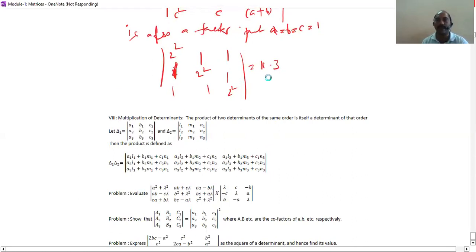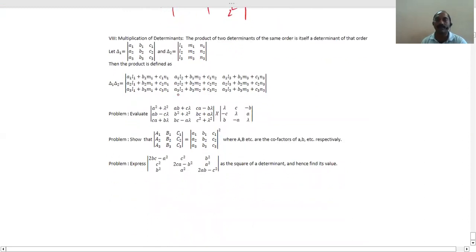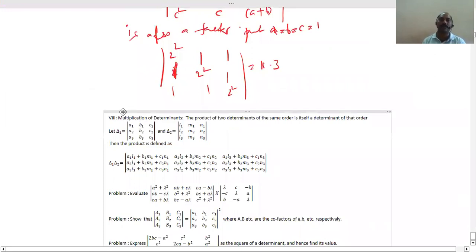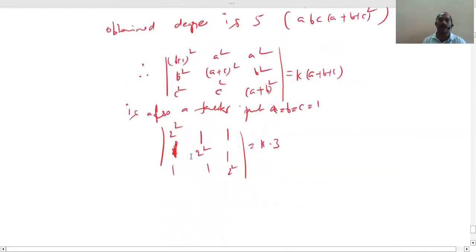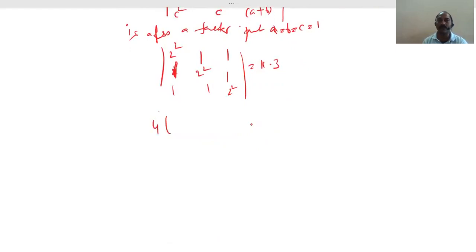Now expand the determinant as you wish. If you have difficulties, you can apply any properties, or directly apply the Laplace expansion for finding the determinant value. But our intention is, it is better to apply the factorization method when you have LHS and RHS values. In the expansion it becomes 4 into 4, 16 minus 1.